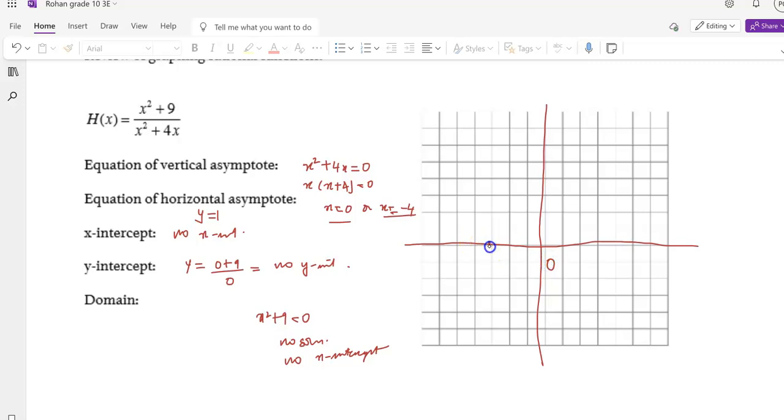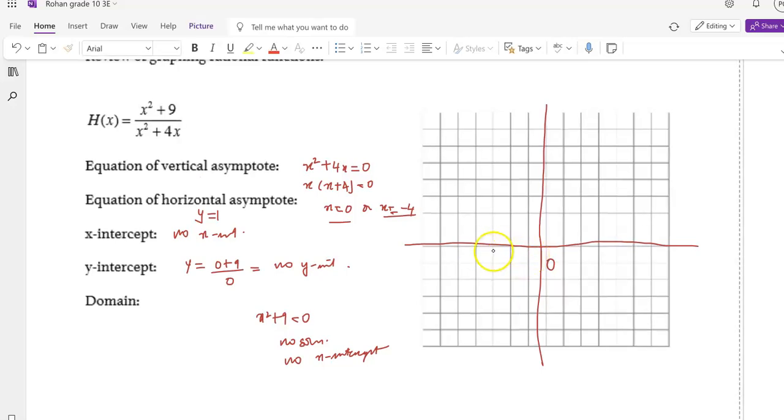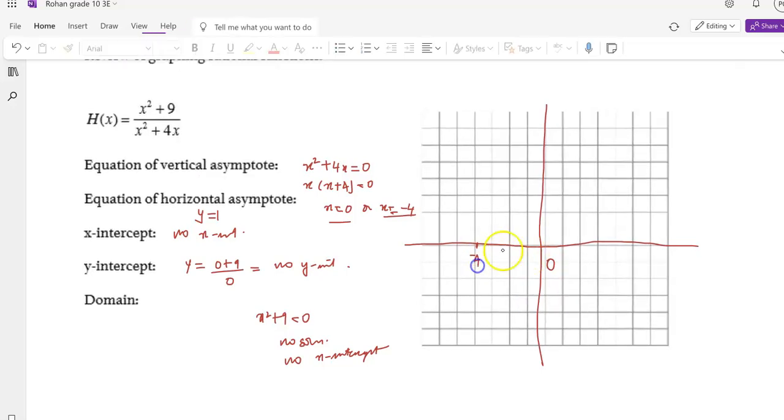It doesn't have any x-intercept. It has a horizontal asymptote, y is equal to 1. Correct? Yes.